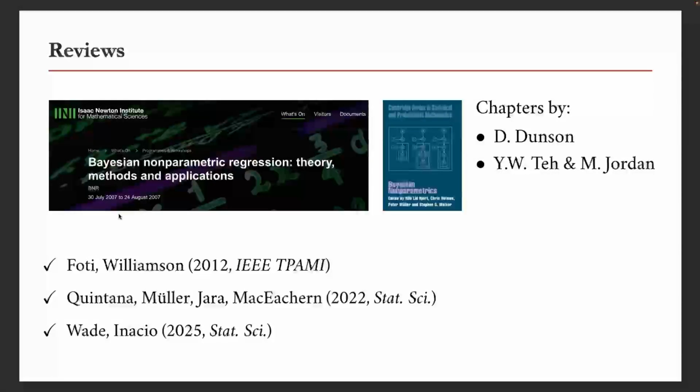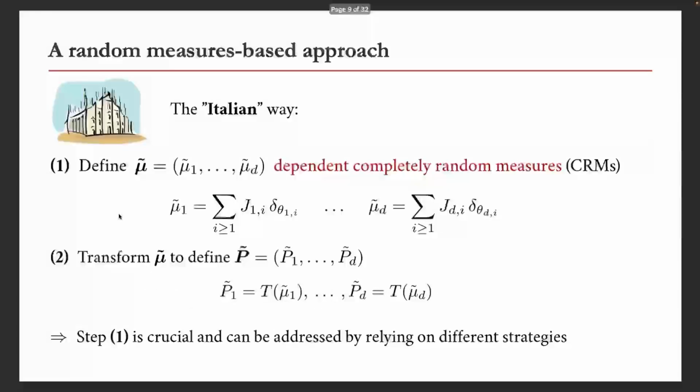Other reviews I might suggest are here: Foti and Williamson on random measures, this paper by Fernando, Peter, Alejandro, and Steve on the dependent Dirichlet process, and finally one review on mixtures by Sara and Vanda.